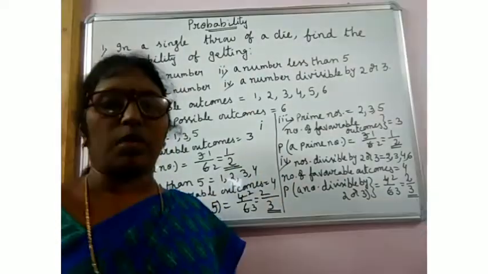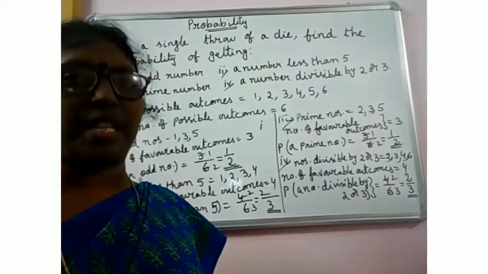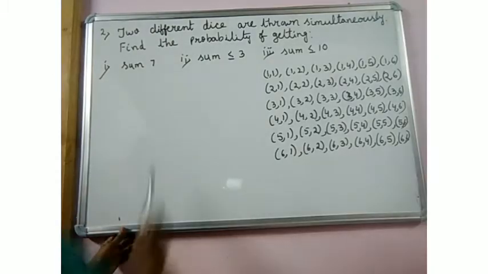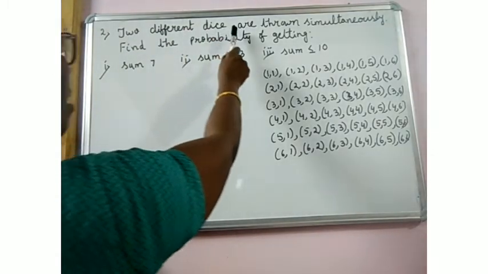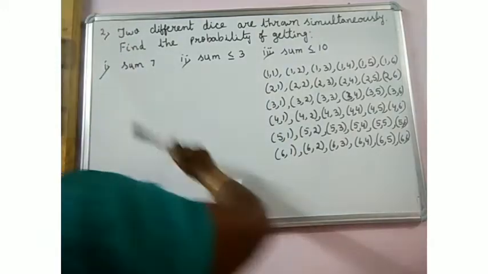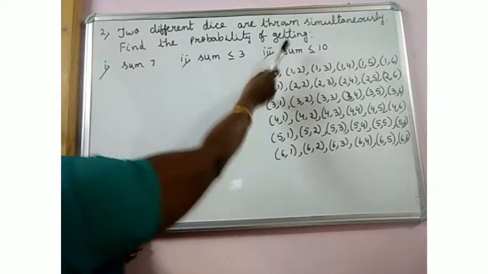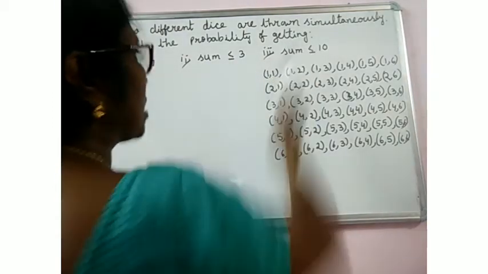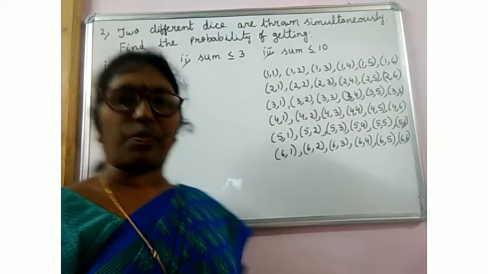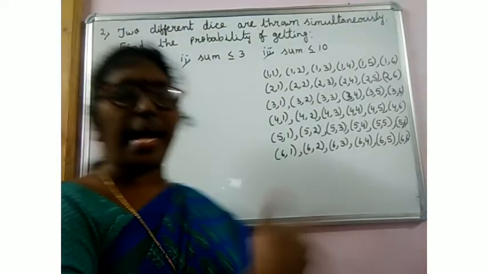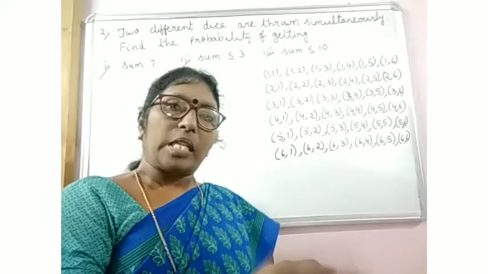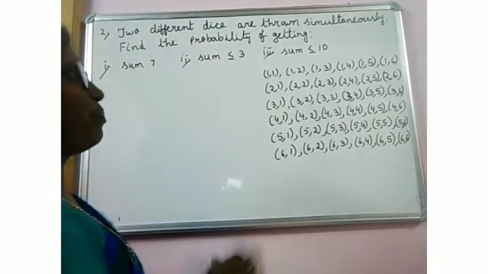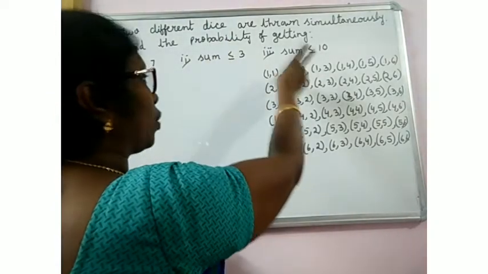Let us solve some more problems of different varieties. Your second problem is this. Two different dice are thrown simultaneously. Find the probability of getting a sum of 7, a sum less than or equal to 3, a sum less than or equal to 10. Sum means the sum of the numbers on the top of the two dice.